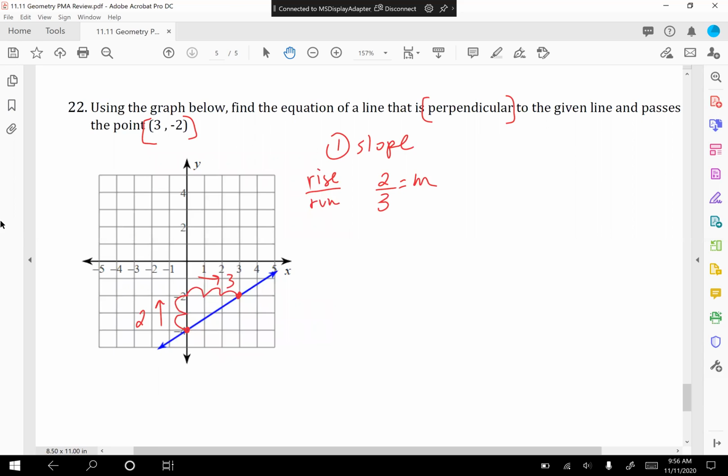But we want it to be perpendicular, right? So you have to change the sign, so it becomes negative, and then you flip it over. So -3/2. This is the new one that we want to use. Then we substitute in and solve for b.